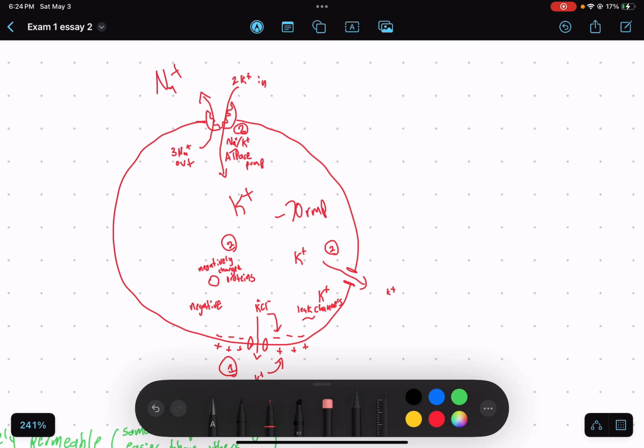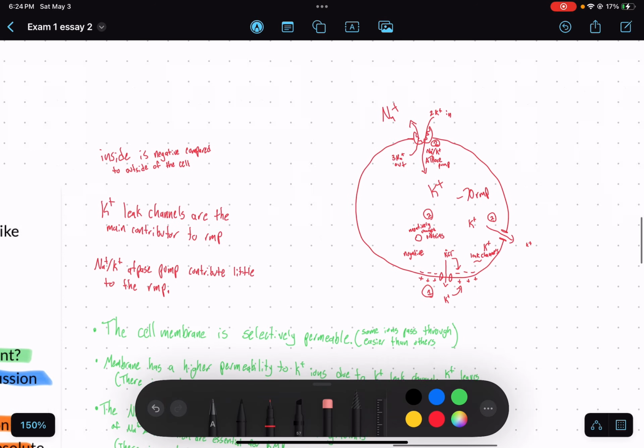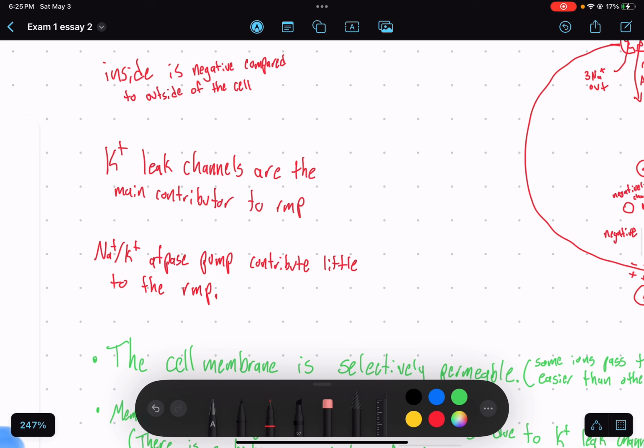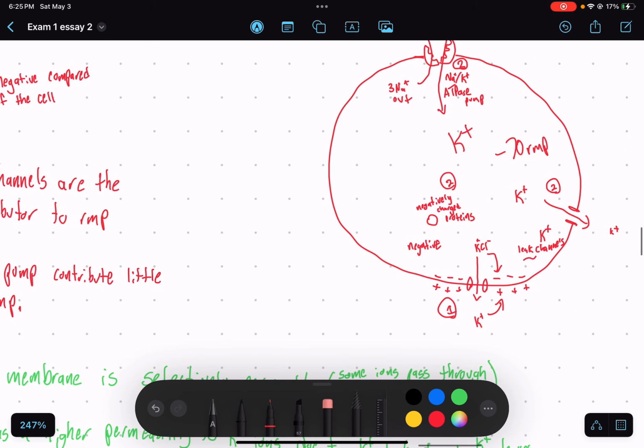And then the negatively charged proteins contribute a little bit, but the main contributor is the potassium leak channels. Yep, so as I said, potassium leak channels are the main contributor, and then the sodium-potassium ATPase contributes a little bit. The inside of the cell is negative compared to the outside.